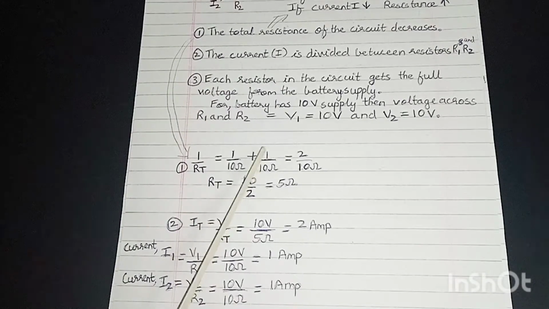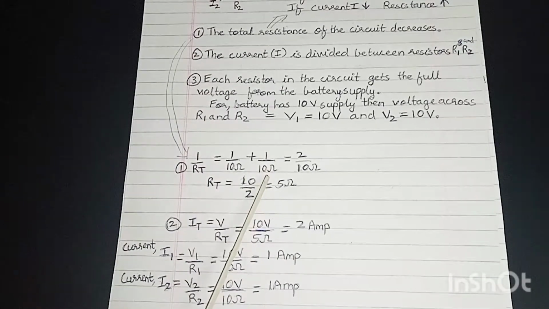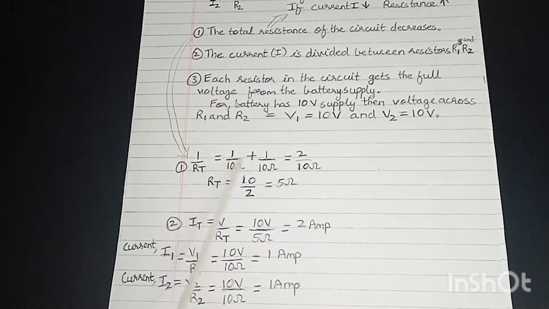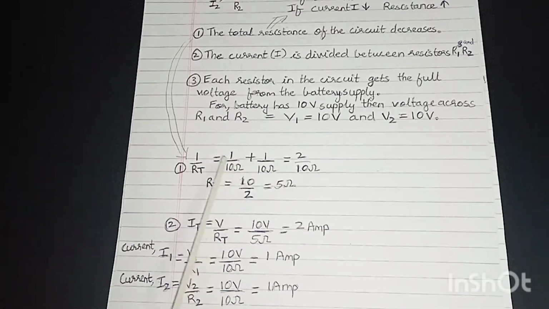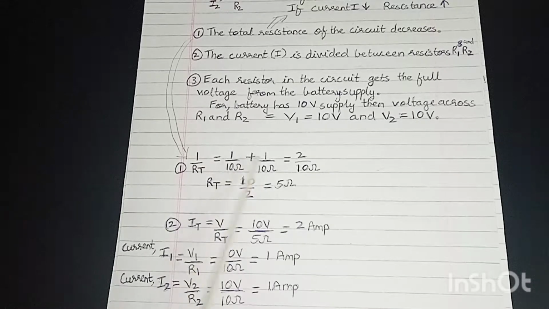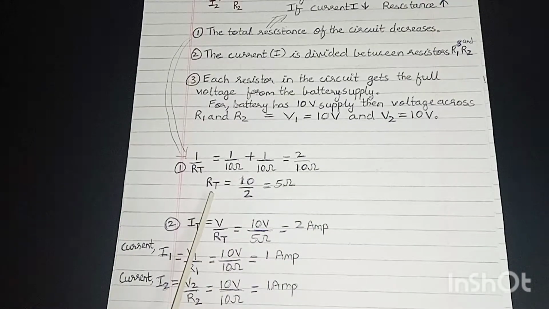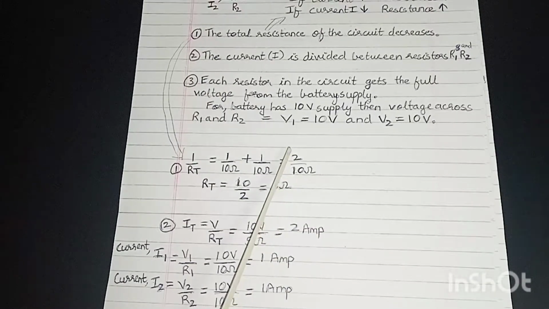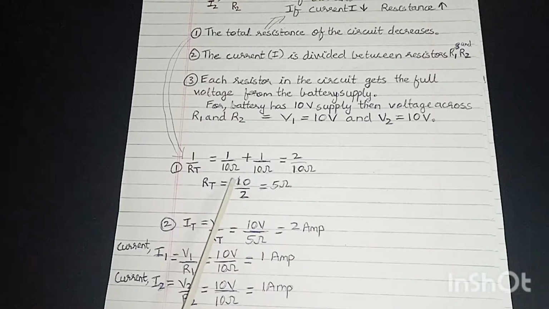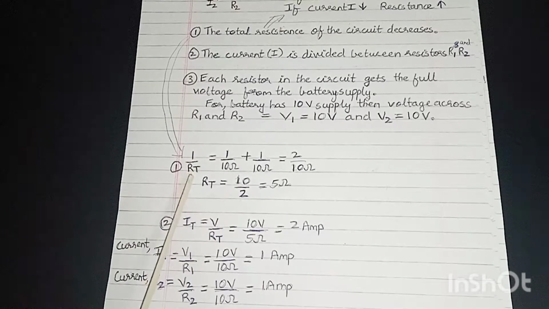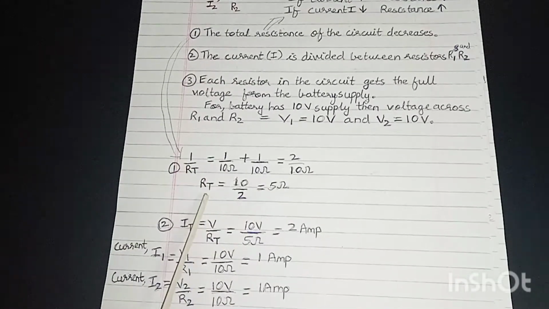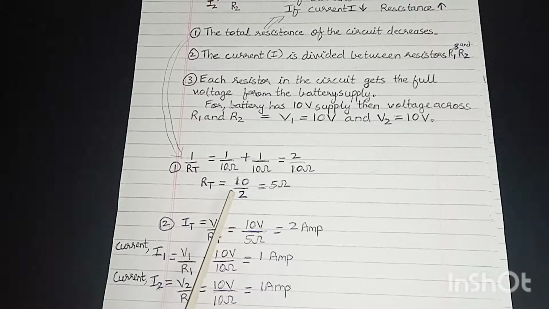Plus 1 divided by R2, the second resistance, which is also 10 ohm. The denominator is the same, so the numerators get added: 1 plus 1 you will get 2. So 1 by RT is equal to 2 by 10, and RT would be the inverse of that.